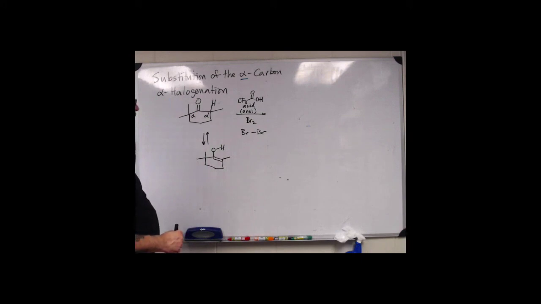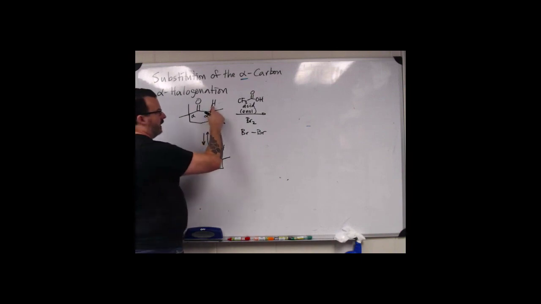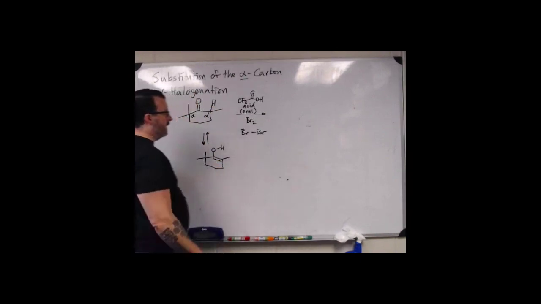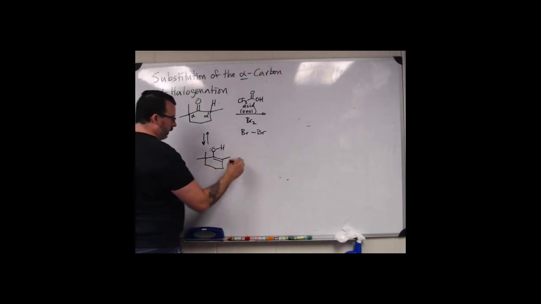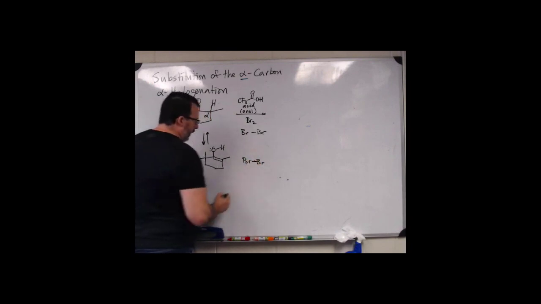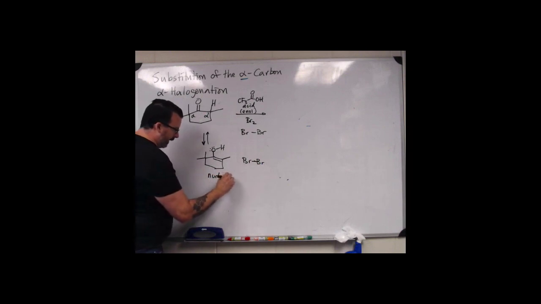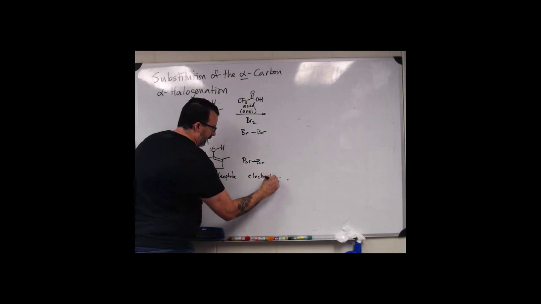Overall, this hydrogen is going to be substituted for a bromine, and that's what we're going to show in this mechanism here. So our nucleophile, our electrophile pair, this will come down, we reform the CO pi bond.